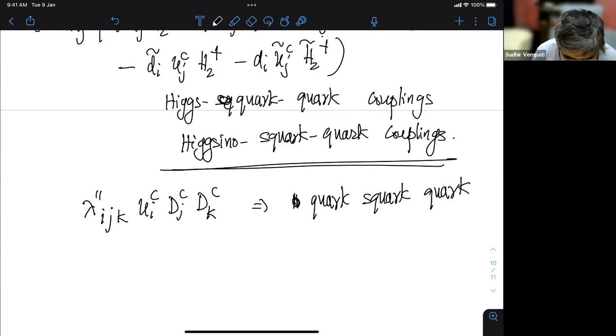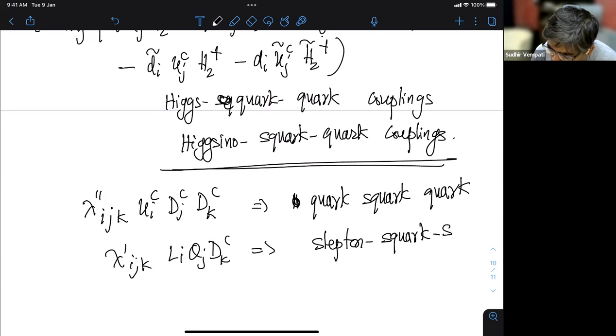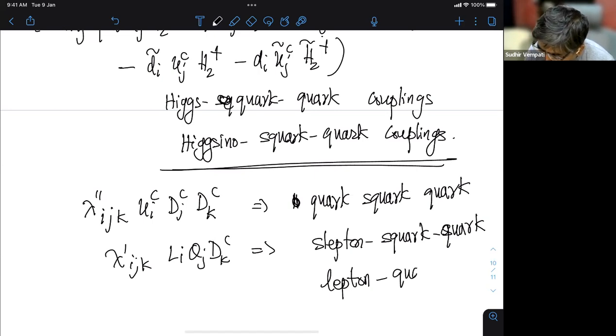And this gives me lepton quark couplings, or it also gives me lepton quark couplings.